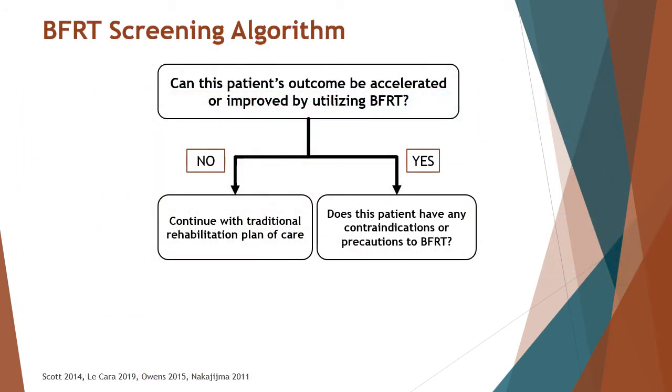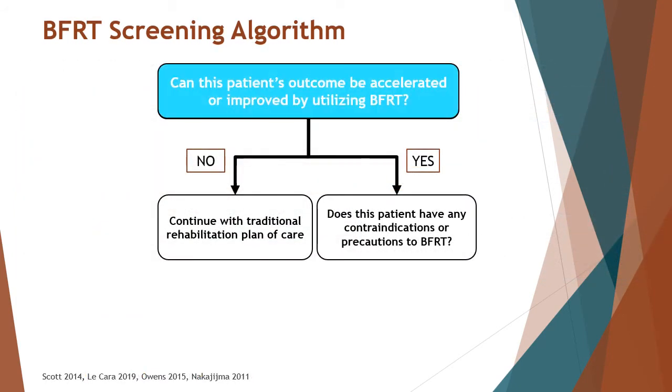We're going to go into the assumption, just sticking with the algorithm, that yes, in this case they will be, but again, if in fact your patient would not necessarily benefit from any of those local or systemic effects, then you would continue with traditional rehab in the plan of care.